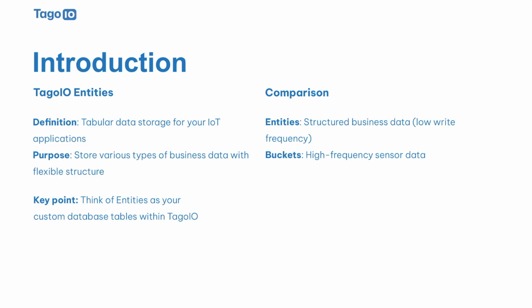For example, user information, settings information about your application, let's say you have a tracking or shipment application, so you want to store truck information like the plate, the name of the truck, etc. So you can put all these things inside an entity and just link with your dashboard. So this is the idea behind the entity.